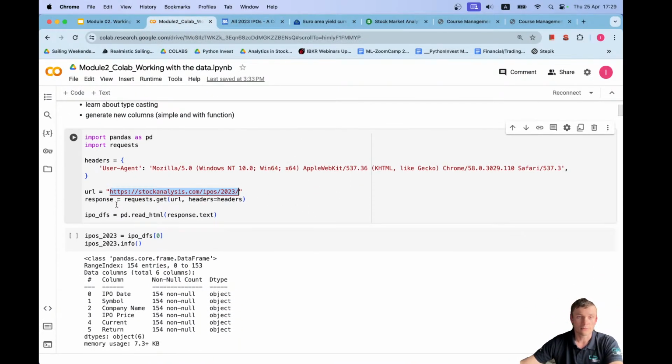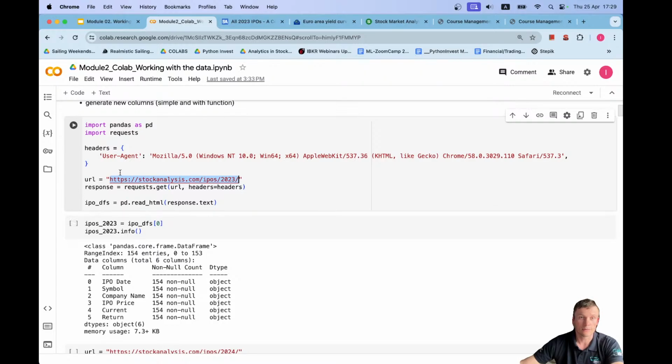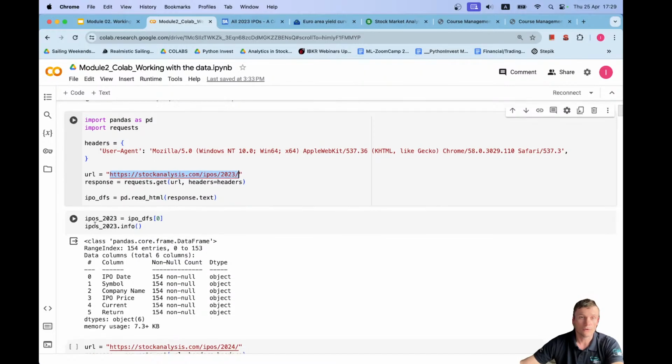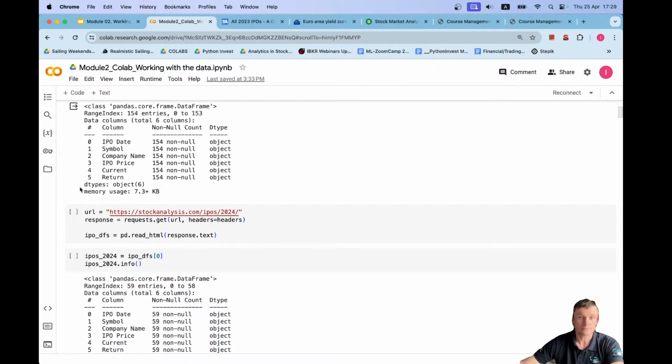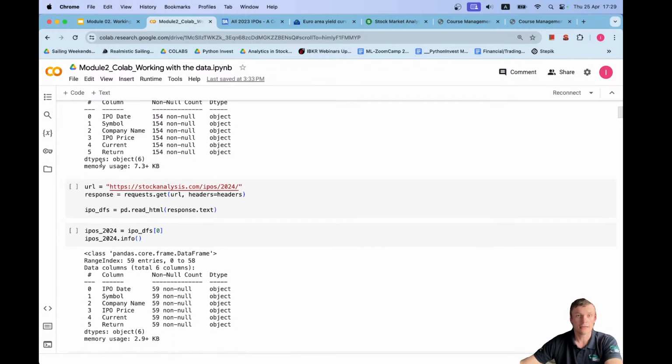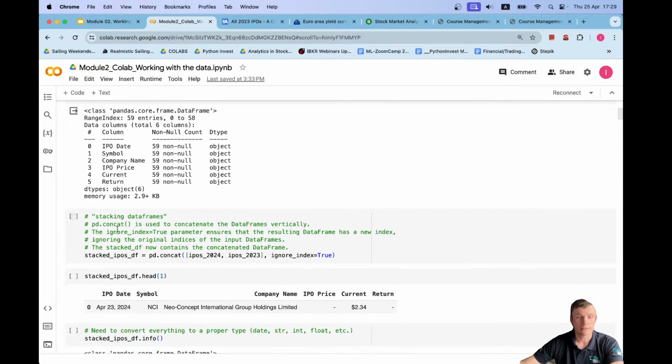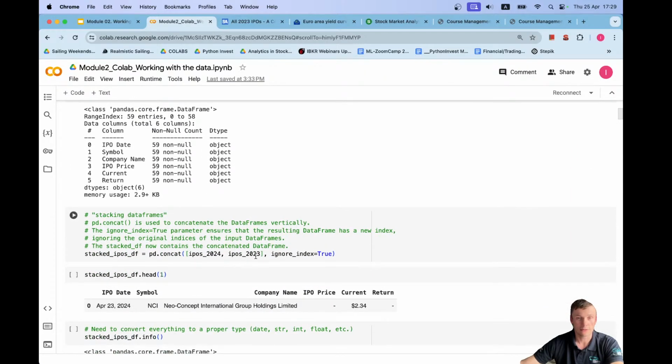We get the data in HTML. We read it with the Pandas methods. We get this IPO 2023. Then we download another data frame with IPOs from 2024 and stack those data frames. So this is quite a useful technique if you're an analyst.